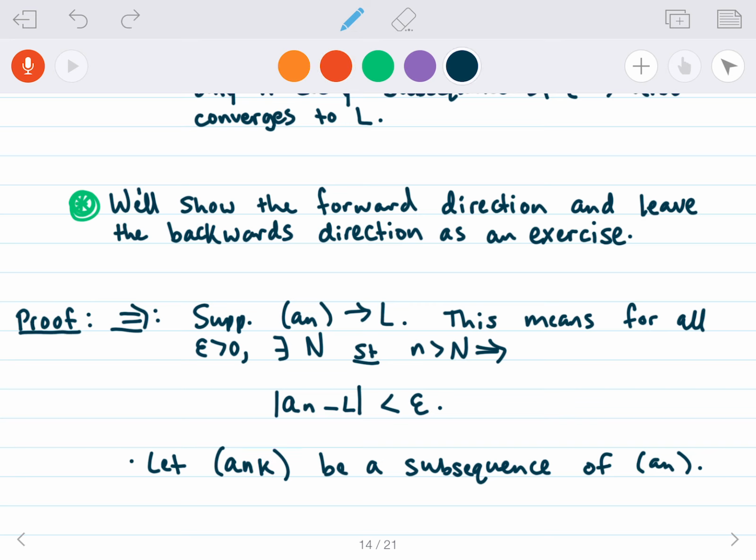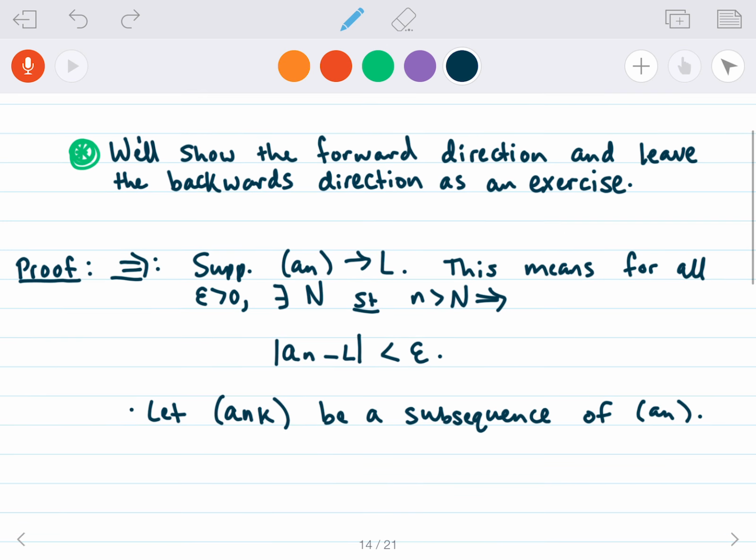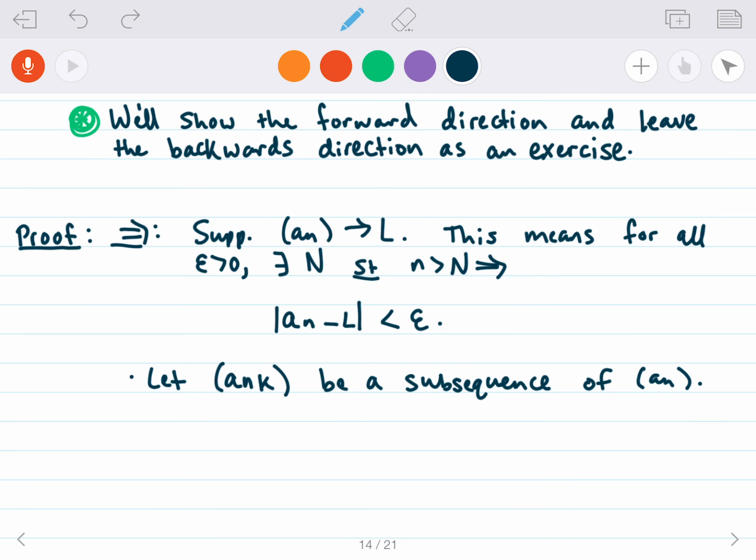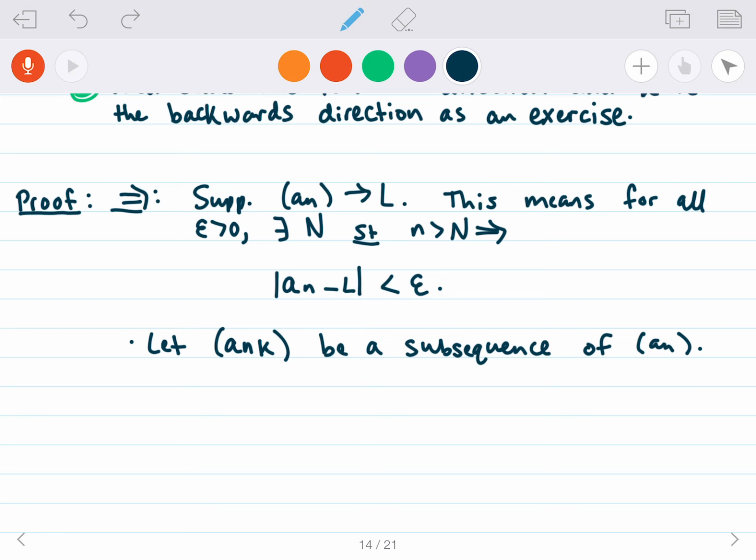Okay, so what does this mean? All right, so what do we want to show?